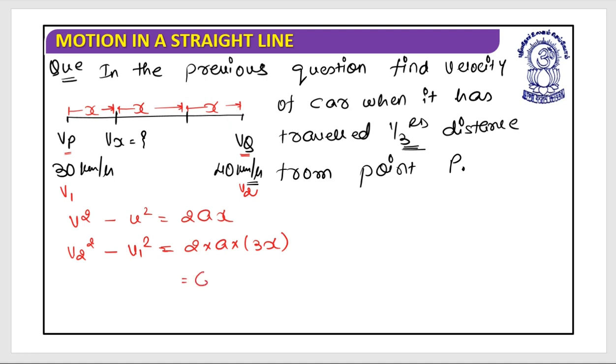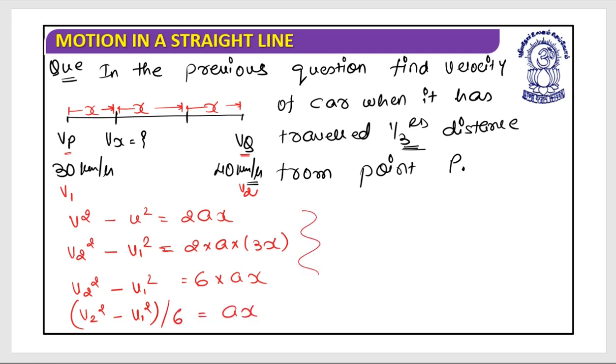So this is 6AX, equals V2 square minus V1 square. So if I want AX, it's V2 square minus V1 square divided by 6, and that should be equal to AX. This is my first relation.